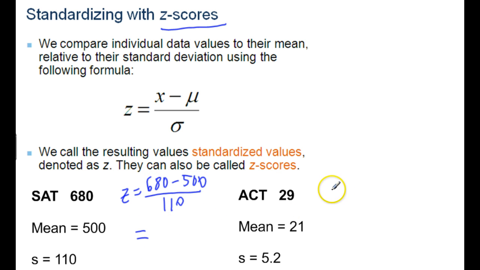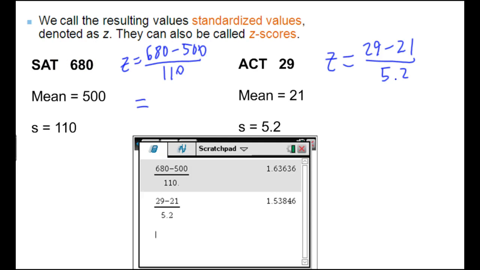And here we get the Z-score of the ACT would be 29 minus the mean of 21 divided by the standard deviation of 5.2. So I went ahead and used my calculator and figured out that this one is 1.6 Z-score approximately, and this is 1.5.